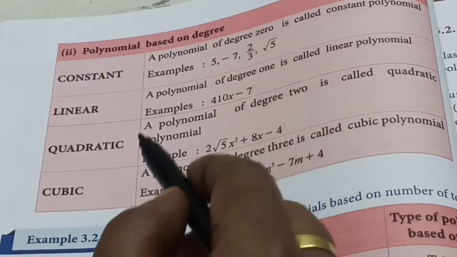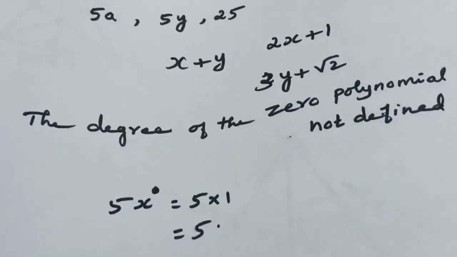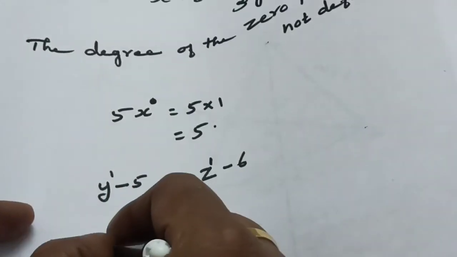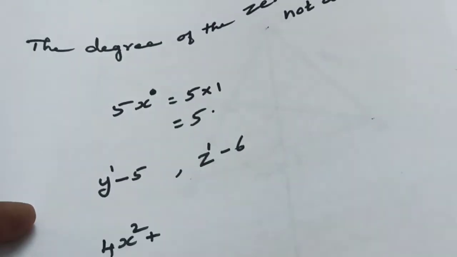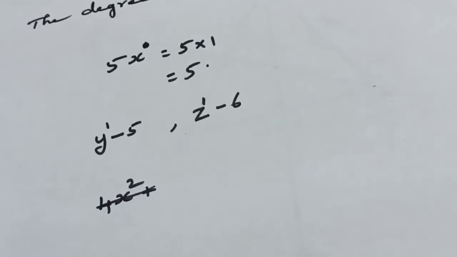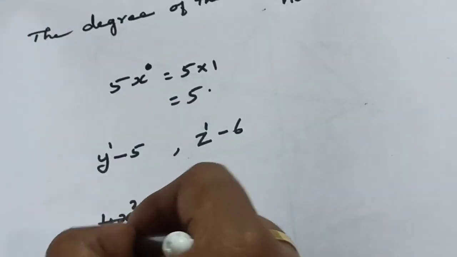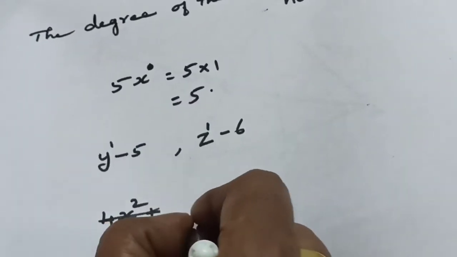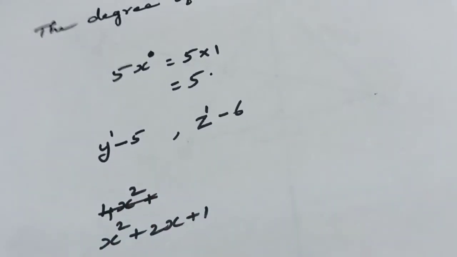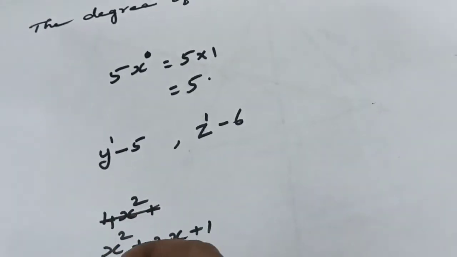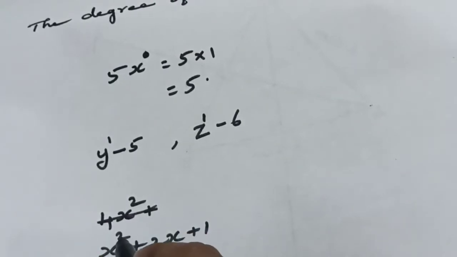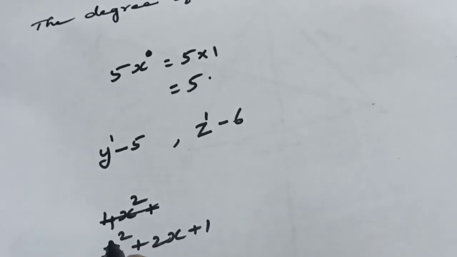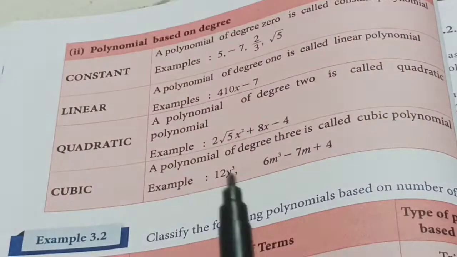Then one more example: 4x square plus x square plus 2x plus 1. Which polynomial is this? Quadratic polynomial. How? Degree is 2, isn't it? Highest power is 2. So it is a quadratic polynomial.